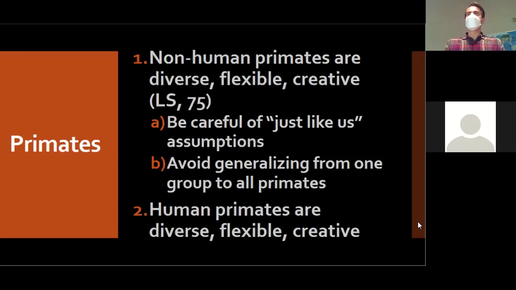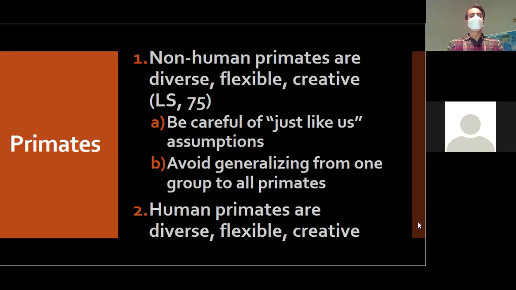If we see diversity, flexibility, creativity, and resilience among the non-human primates, that's probably what we can expect when it comes to human behavior: that we are also diverse, flexible, and creative.